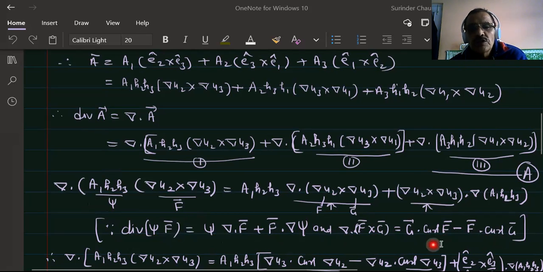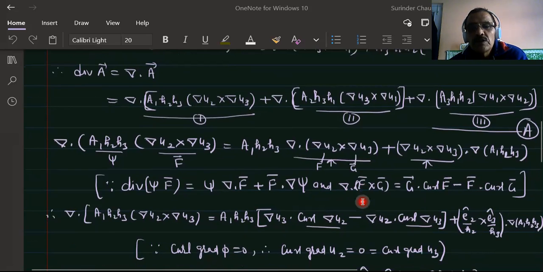So using these results, first using this result, del dot psi f is equal to psi del dot f vector plus f dot del of psi. Now this is del dot of f vector into g vector. Substitute this value in these components.